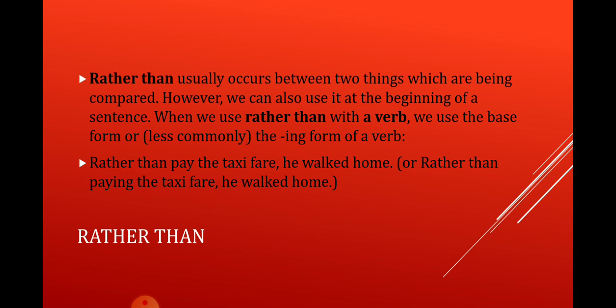Rather than pay the taxi fare, he walked home. Or we can say, rather than paying the taxi fare, he walked home. So this means that we can paraphrase it into, instead of paying the taxi fare, he walked home.